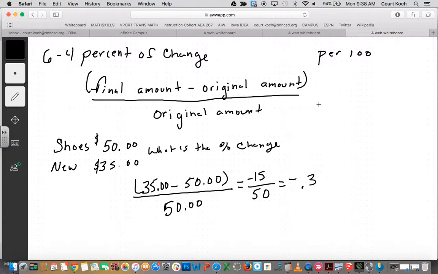I need to change it into a percent. So I'm going to have to take this number, move it 2 places, insert a 0, and now I have negative 30%. This negative sign tells me that the price went down. By how much? 30%. This is percent change. I take the final amount, subtract the original amount, and then divide by the original amount to find a percent.